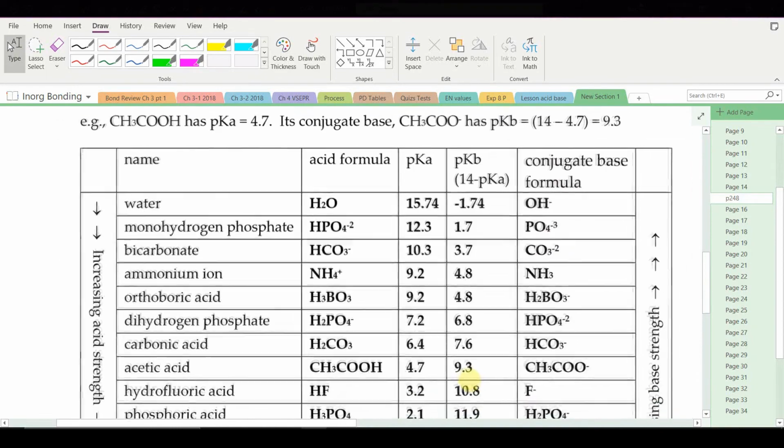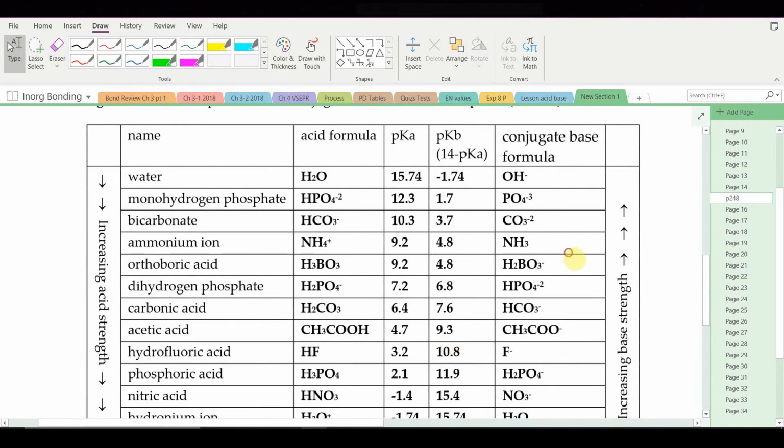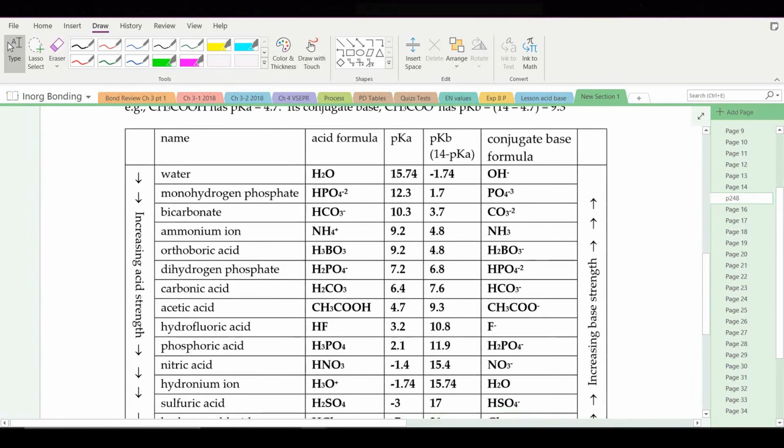In this table, we have a list of some common acids on the left side and some common bases on the right. And notice that the pKa of the acid on the left plus the pKb of its conjugate base on the right always add to be 14.